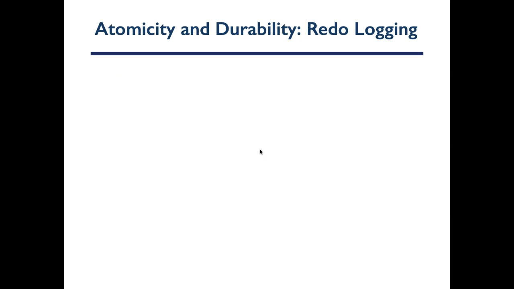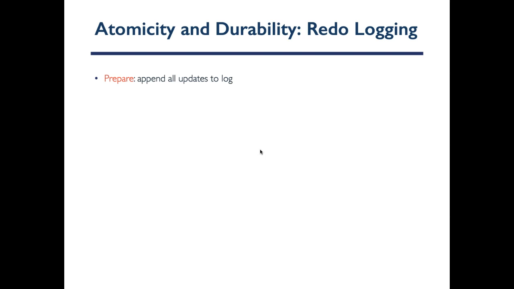One of the ways to achieve atomicity and durability is by redo logging. This is one of the most common ways to achieve these two. It actually has 4 parts plus recovery. So what are those 4 parts?